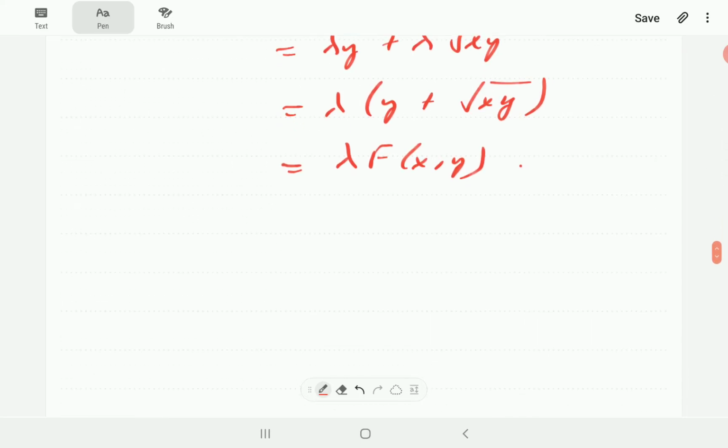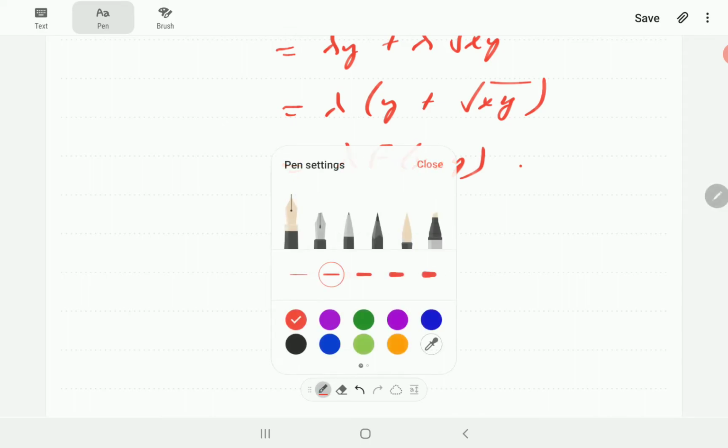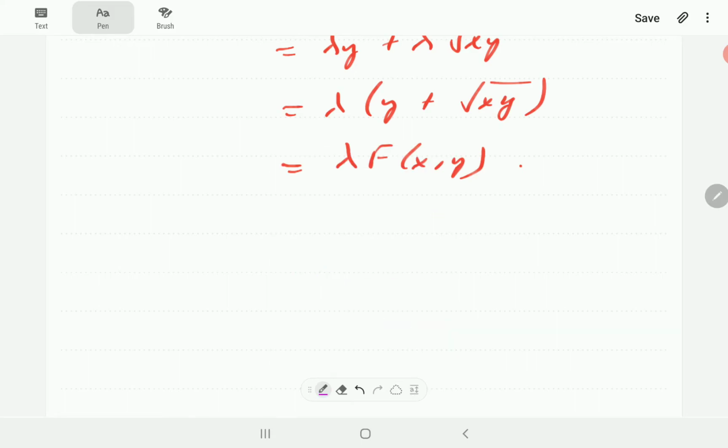All right, so we're going to give you examples to have a go at at the end. Okay, so let's just go on to the next section.